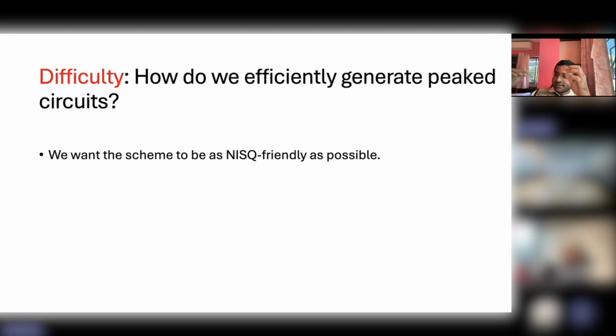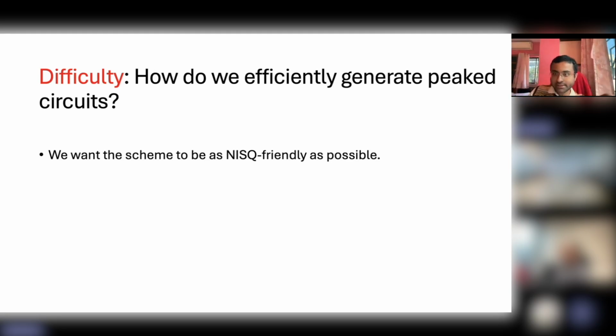Because if not, then note that there's a trivial way to design peaked circuits. You can just run Shor's algorithm. Any quantum algorithm that succeeds will have to be peaked with very high probability. It has to be peaked on the correct answer. And that's how you basically verify that you factored correctly. But that is exactly something that we don't want to do, or don't have the capabilities of doing with near-term hardware.